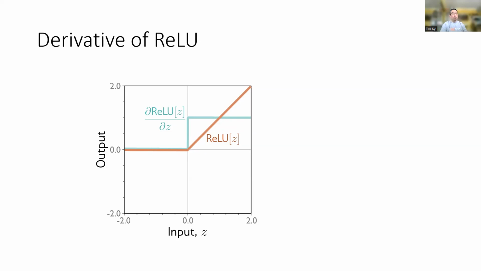This is a line of slope 1. So essentially, the derivative of the ReLU function is shown in this teal color. The derivative of the brown ReLU function is 0 to the left, and it's 1 everywhere to the right.